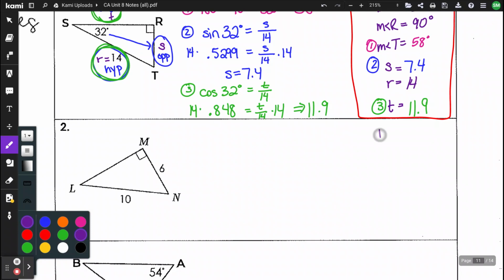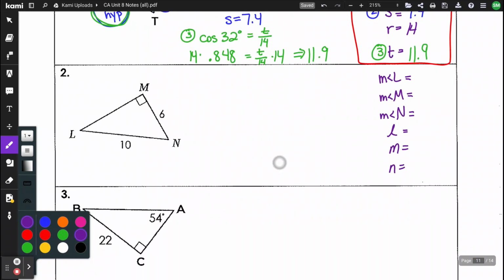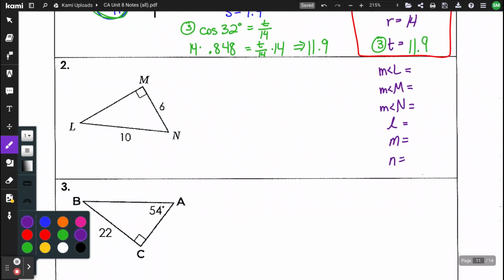We need to find the measure of angle L, the measure of angle N and the measure of angle M. We also need to find side little l, side M, and side N. Now remember, the little letters correspond with the big letters.